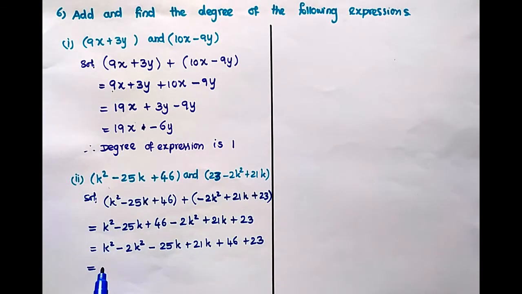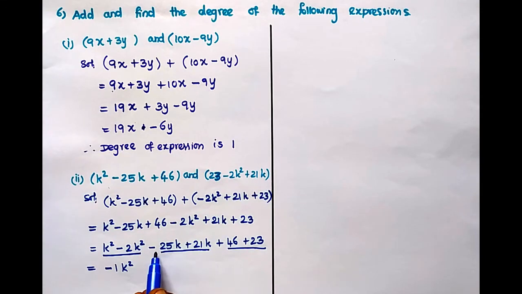Listen, now add the k square terms, k terms and constant terms. 1k square minus 2k square, plus and minus, different sign means we have to subtract the numbers. So plus 1 minus 2, what's the value? Minus 1. Which term is this? K square term.